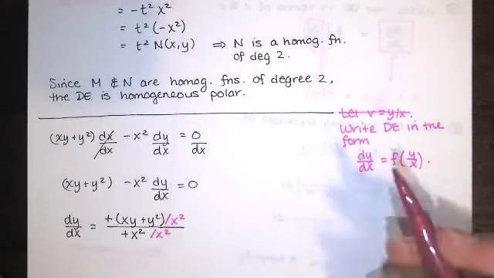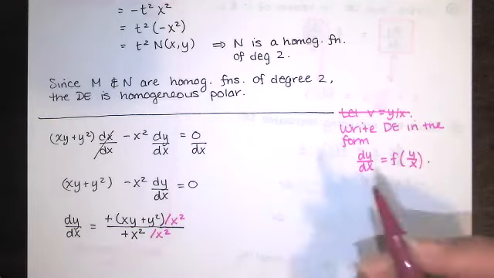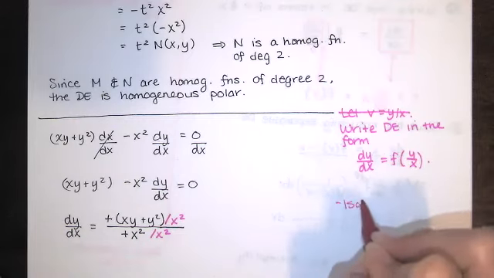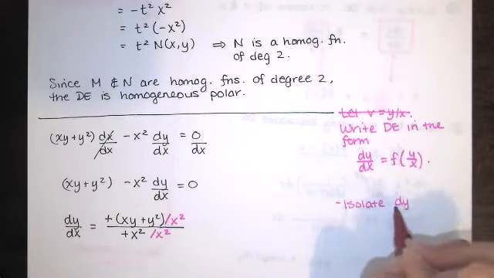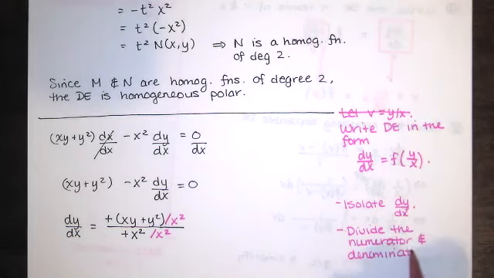In general, once you get that function of x and y on the right-hand side and dy/dx on the left-hand side, so after you've isolated dy/dx, you want to divide the numerator and denominator by x to the n, where n is the degree of those homogeneous functions.